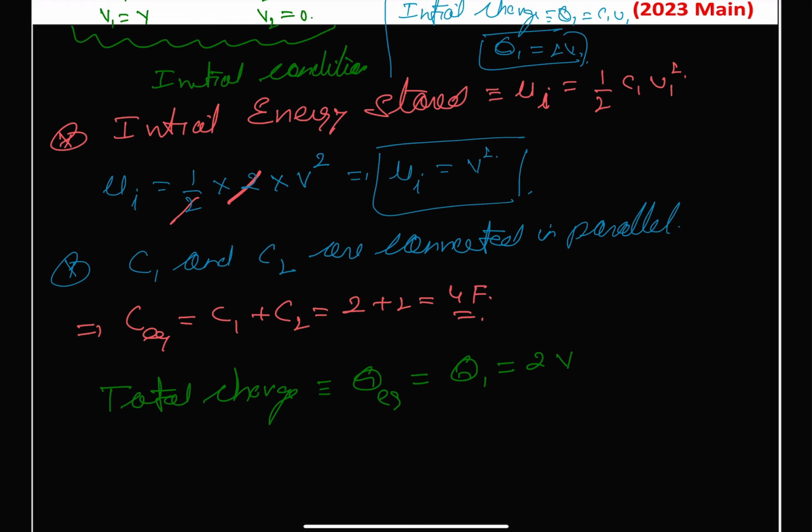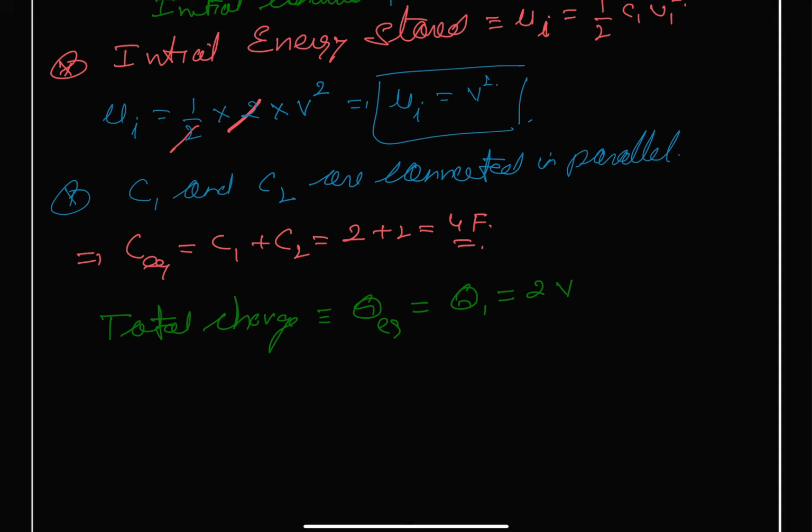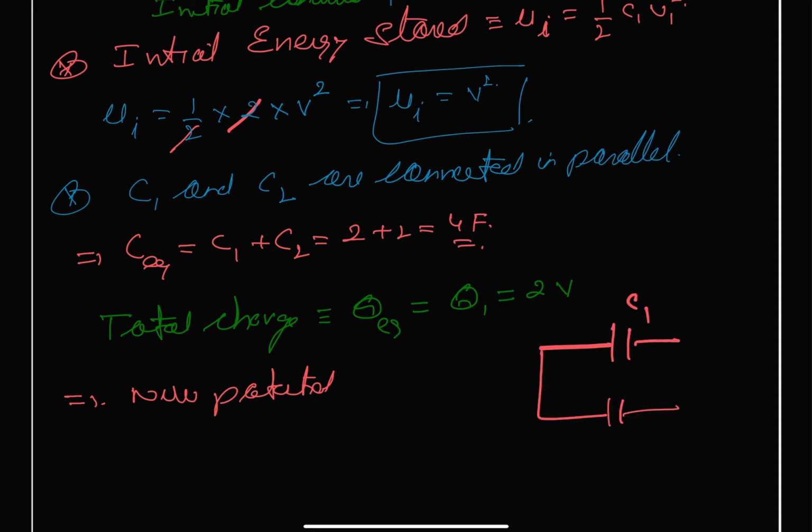Let us suppose we call this V prime. So we can say the new potential, we can just draw approximately. So this is our C1 and this is our C2. Both are connected parallel with each other and the voltage will obviously be the same. So here we have V prime and here also V prime.